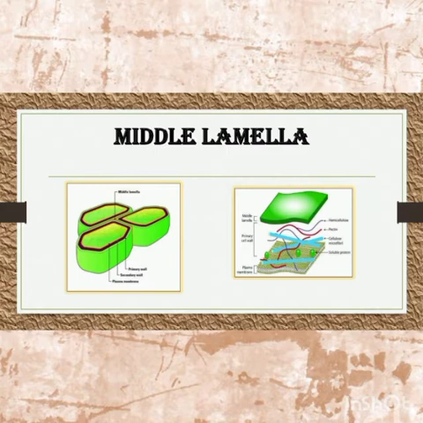A specialized region associated with the cell walls of plants is the middle lamella. The middle lamella serves as a cementing layer between the primary walls of adjacent cells. Basically, the middle lamella is the outermost layer of the plant cell wall.